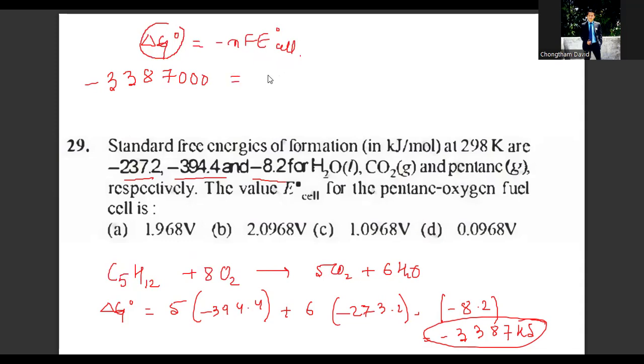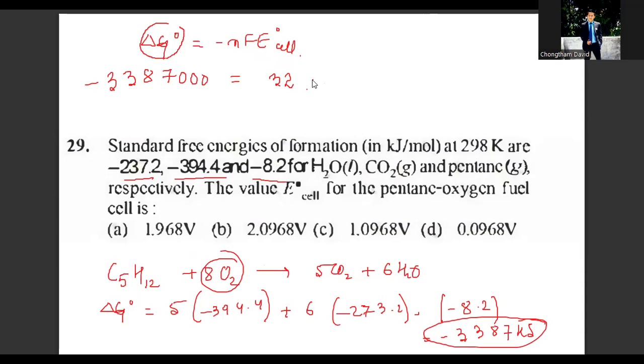And the total number of electrons is 32 electrons, because in this, you have 8 to the 16, 16 to the 32, 32 electrons.